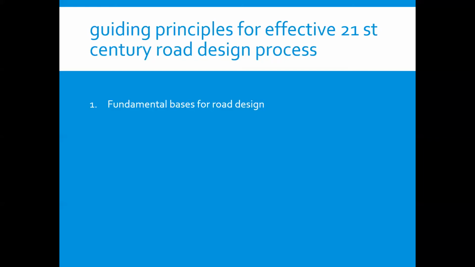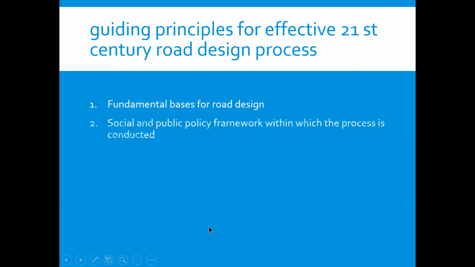Number one, geometric design solution should address objectives and quantitative measures of transportation performance. Number two, social and political framework within which the process is conducted. Number three, necessary attributes of the effective process.